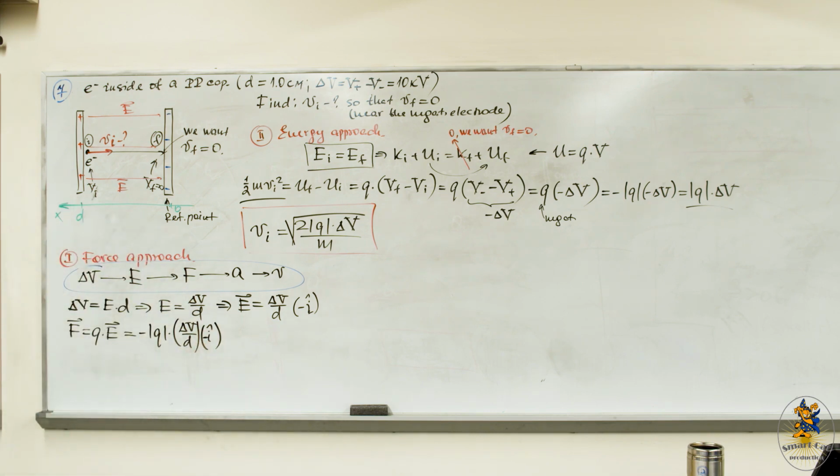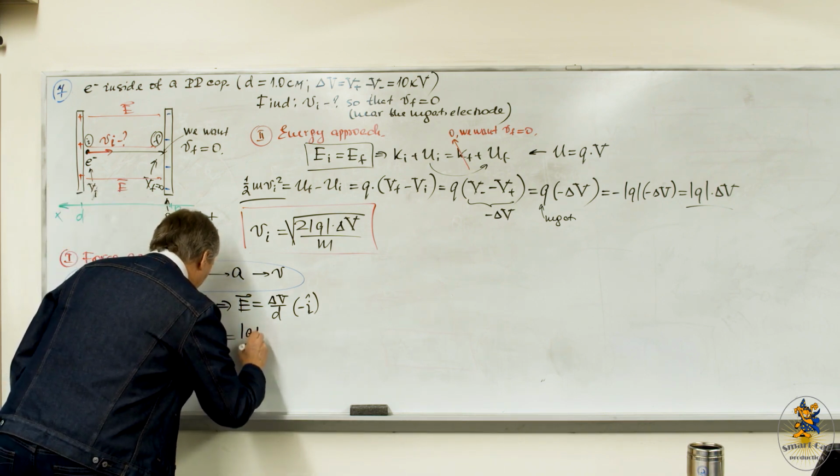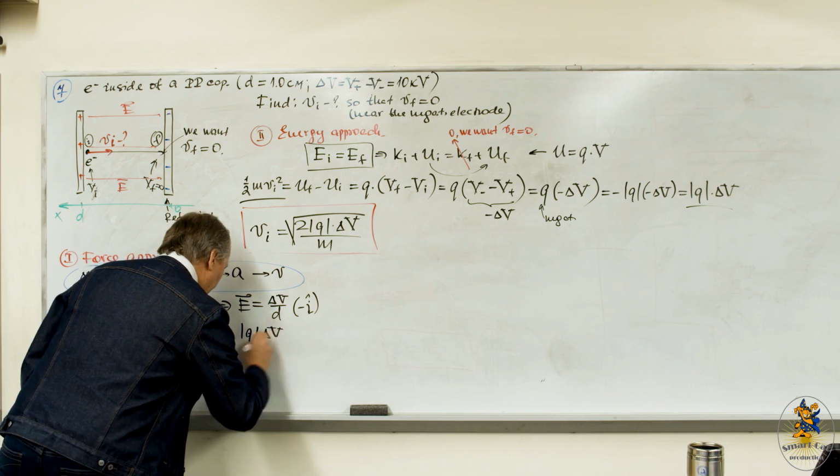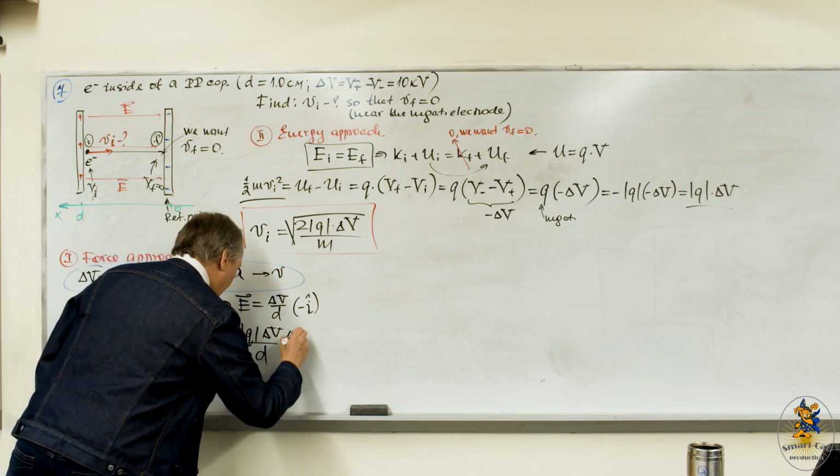As a result, force is positive. Positive force, yeah, it will be that way, decelerating our electron. So the force will be positive, which is correct according to our picture. So it will be the absolute value of the charge, delta V, divided by D, and in a positive i hat direction.